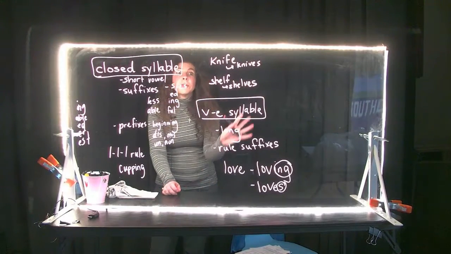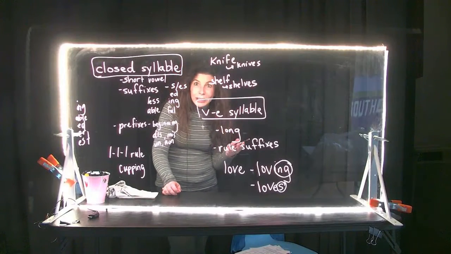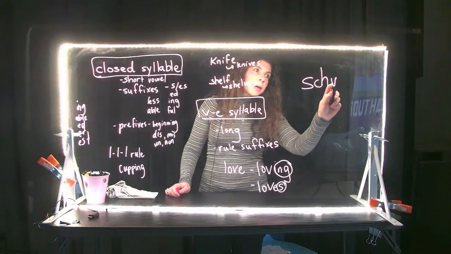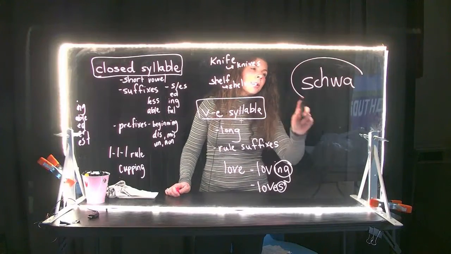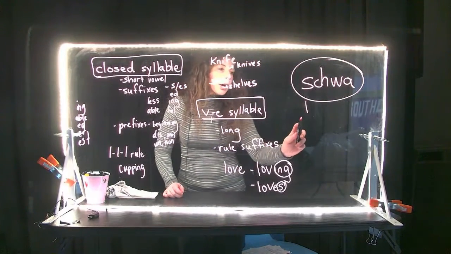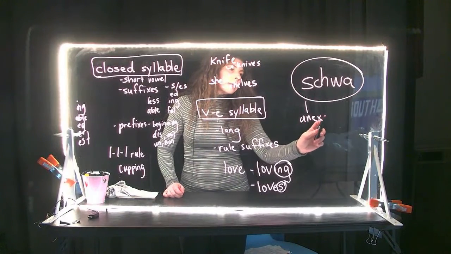So, we've learned a lot. Then we went on to learn about the schwa, and we spent quite some time on it. Do you remember what the schwa is? The schwa is an unexpected vowel sound.